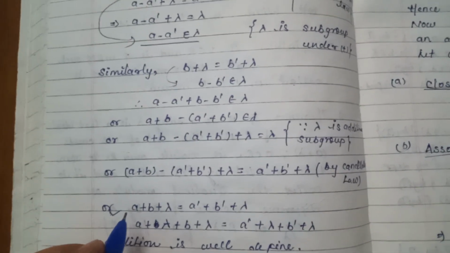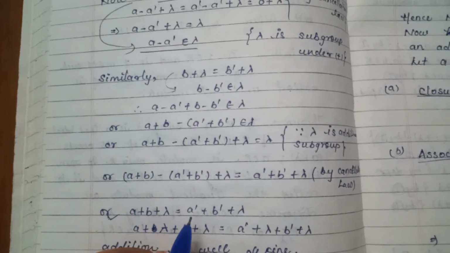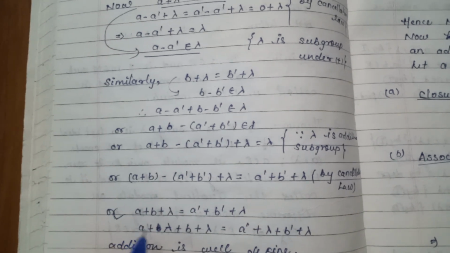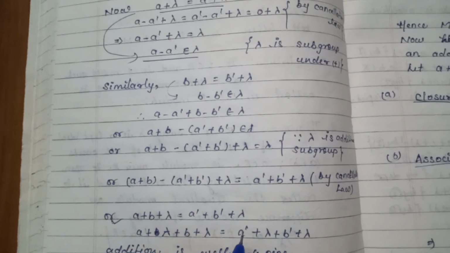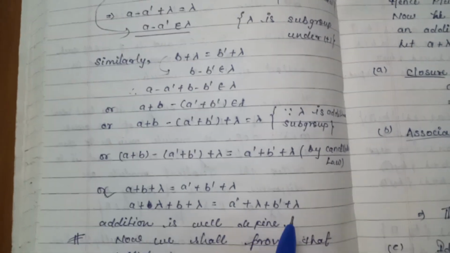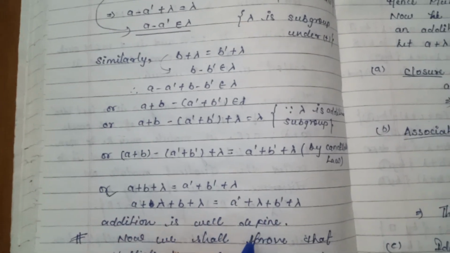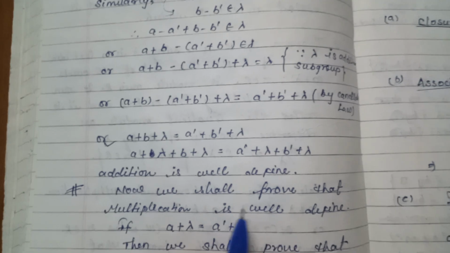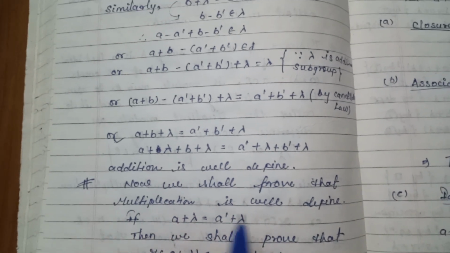Or it can be written as (a + b) + lambda = (a' + b') + lambda. (a + lambda) + (b + lambda) = (a' + lambda) + (b' + lambda). Addition is well defined.